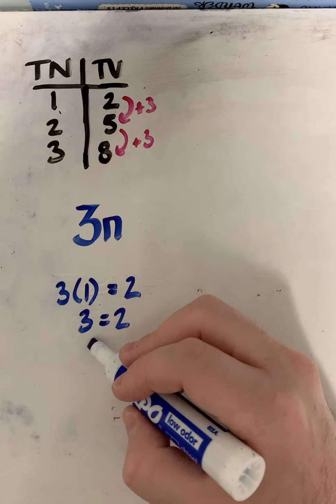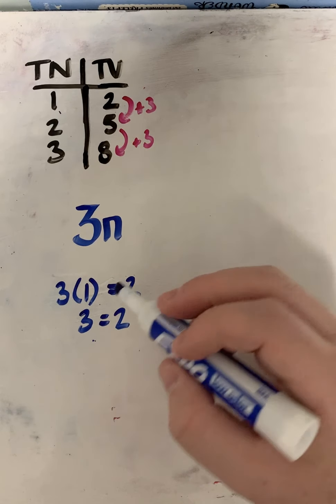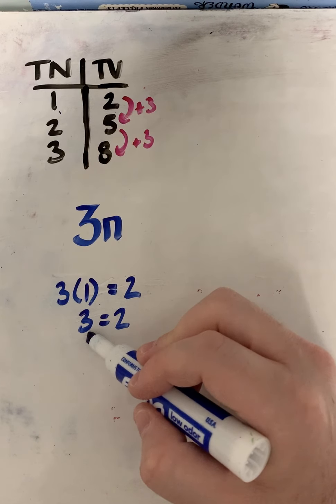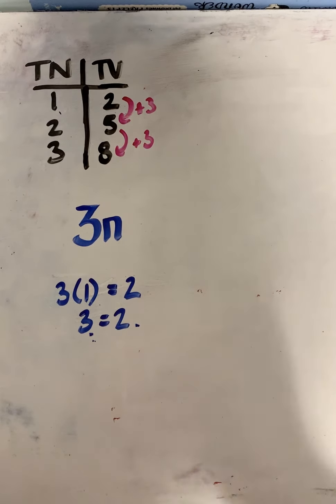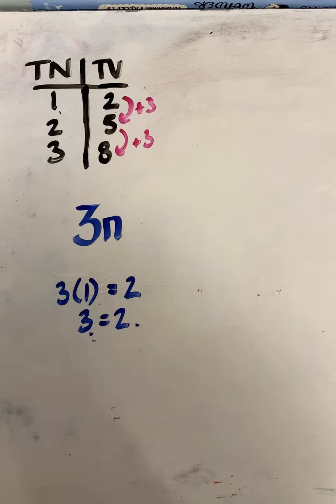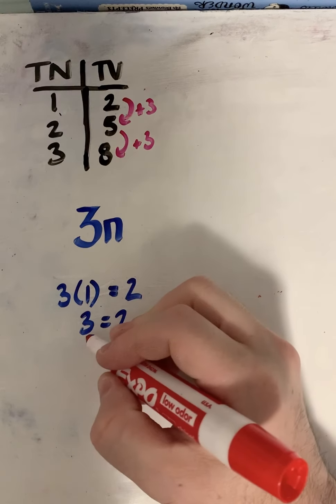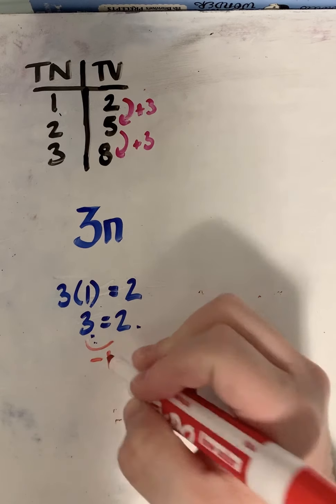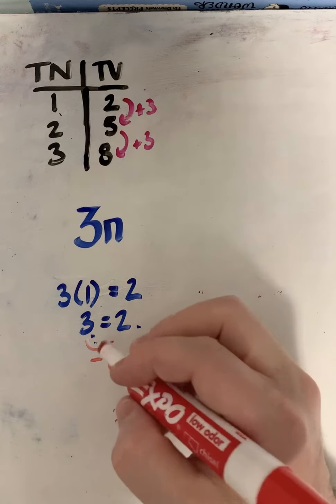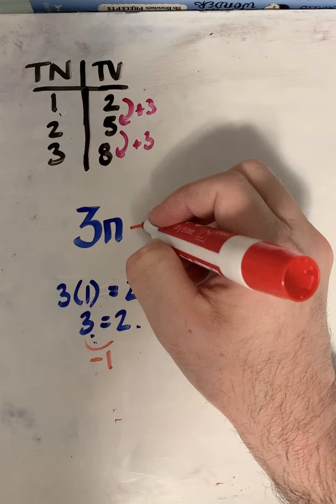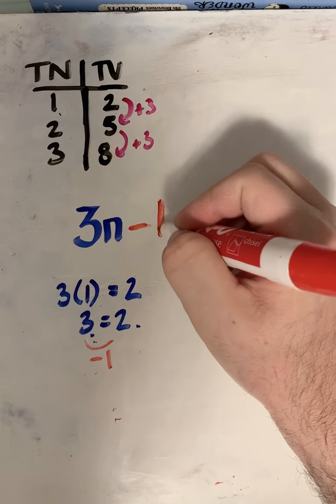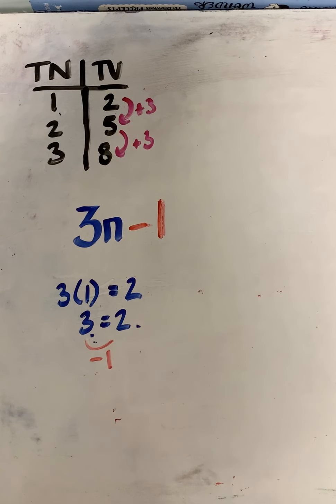Oh, what do you notice here? In the previous ones, to get from the term number to the term value, we had to increase. Whereas here, we're having to decrease, to subtract. So to get from 3 to 2, I need to subtract 1. That's fine. Because I need to subtract 1, when I write my term rule, it's going to be 3n minus 1.